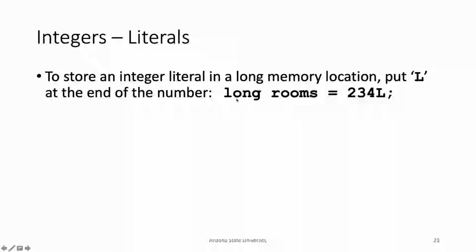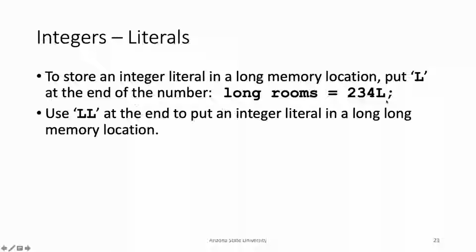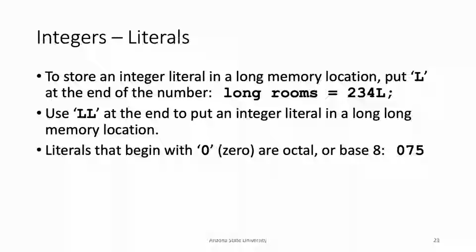The reason is you said long on the left side, so the thing on the right should be stored into a long because we're assigning from right to left. So we don't actually have to worry about this, but if you want it for readability, then I recommend doing so. If you want to put it into a huge data type, then you would put a double L.